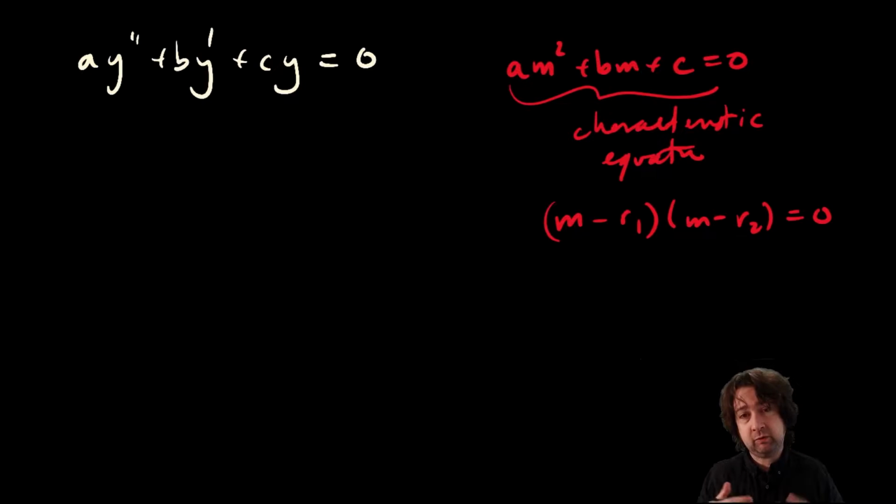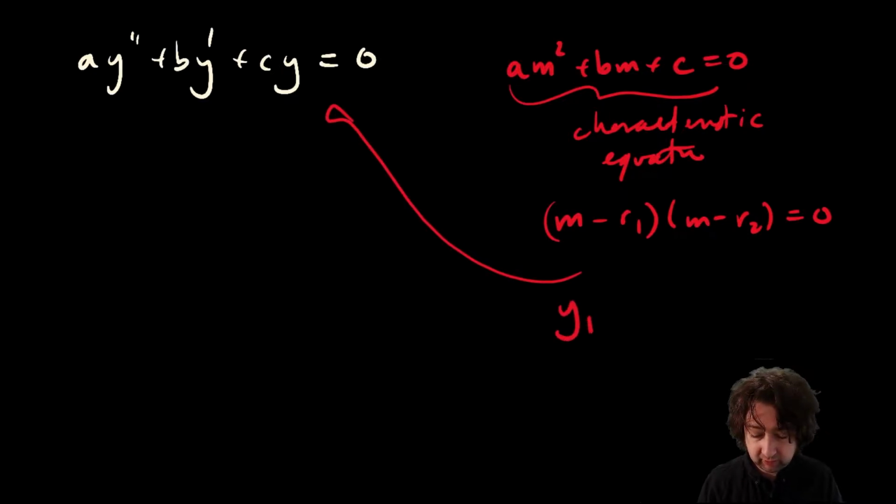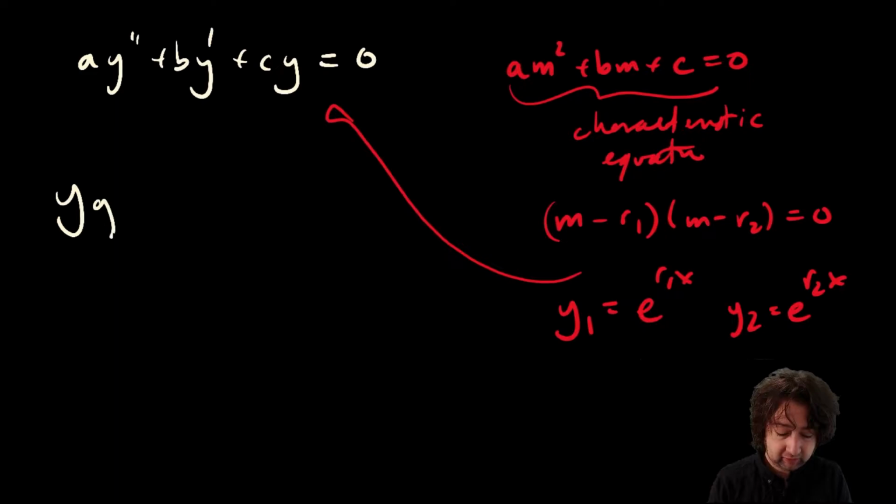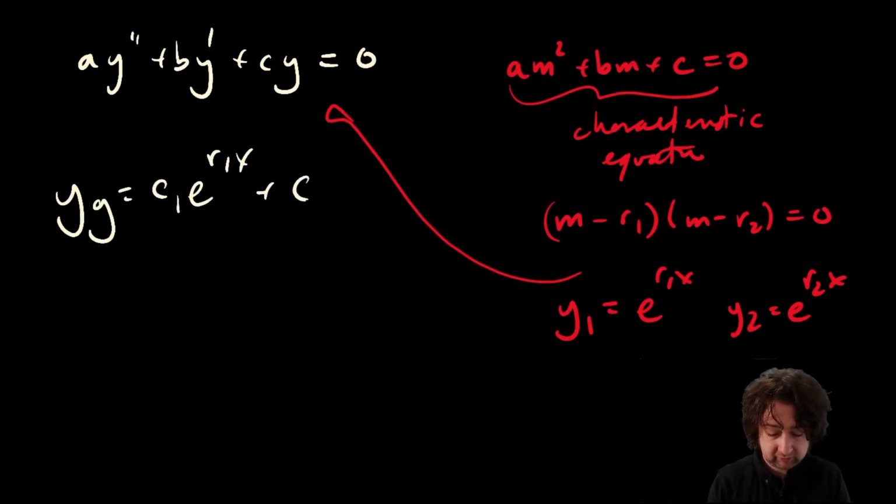And depending on if the roots are distinct or not distinct, you learned that the solution set to this differential equation looks like y1 is equal to e to the r1x, and y2 is equal to e to the r2x. And then by the principle of superposition, you learned that the general solution for this is c1 e to the r1x plus c2 e to the r2x.